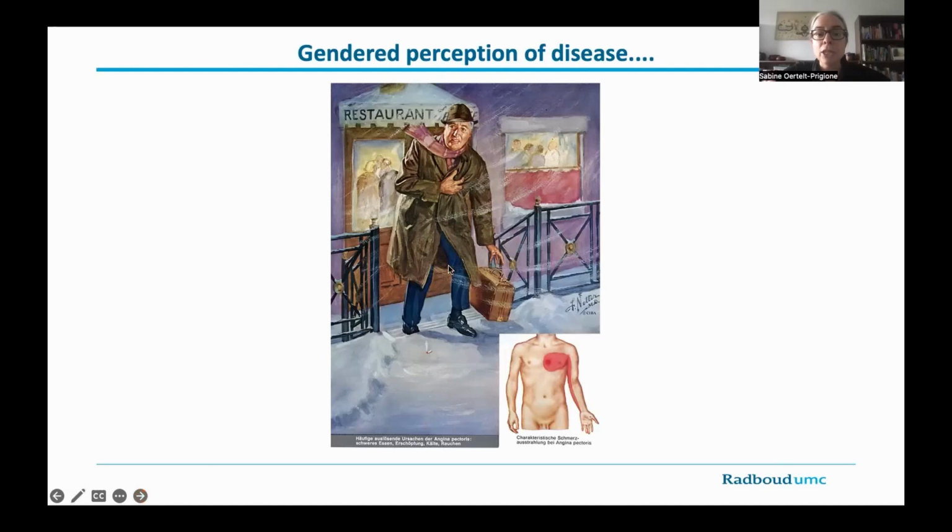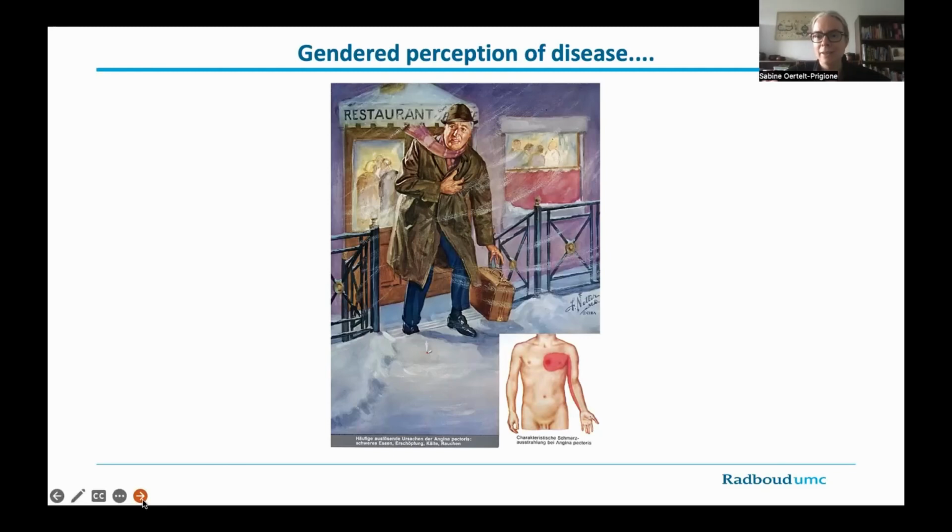This is the typical presentation of a male patient, who has had an abundant meal, is walking out in the cold, is probably a smoker, might have had a bit too much to drink, is not exactly physically active, and what he's feeling right now is this. He's feeling pain in this region of the chest, which is irradiating to the left arm. This was the typical presentation of the heart attack that we learned about.